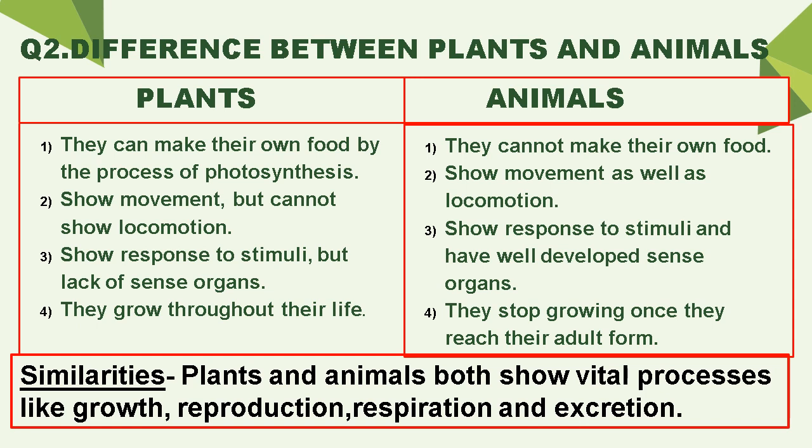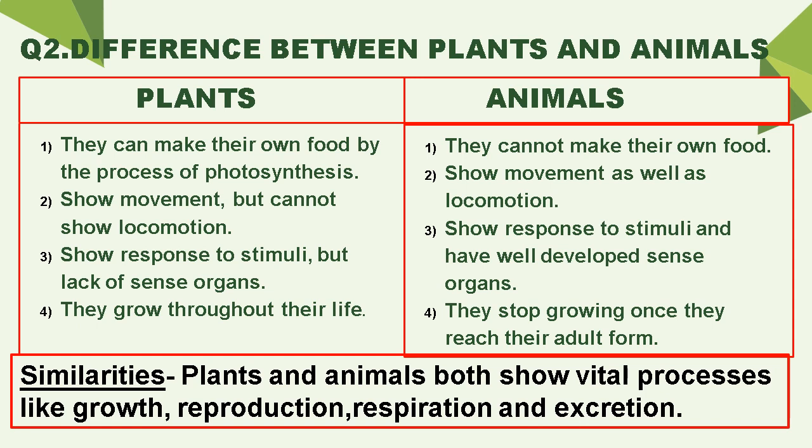They are dependent upon the plants and other animals for their food. Therefore, animals are called heterotrophs. Plants show movement but cannot show locomotion. Locomotion means the ability to move from one place to another. Plants cannot move from one place to another, while animals show movement as well as locomotion.